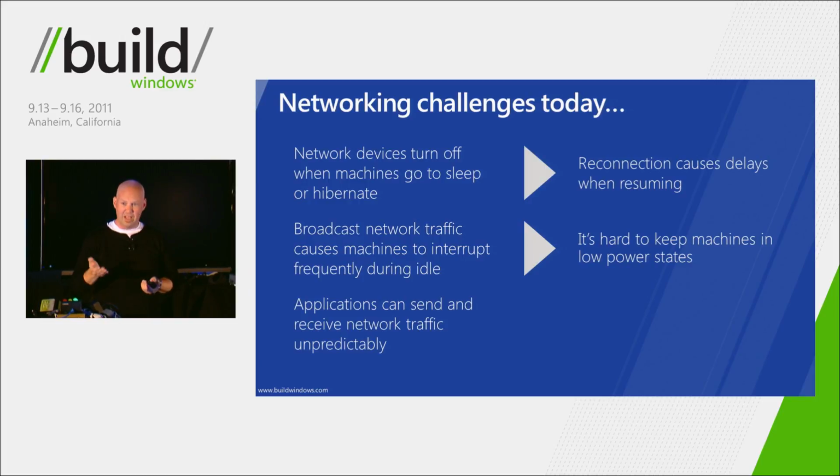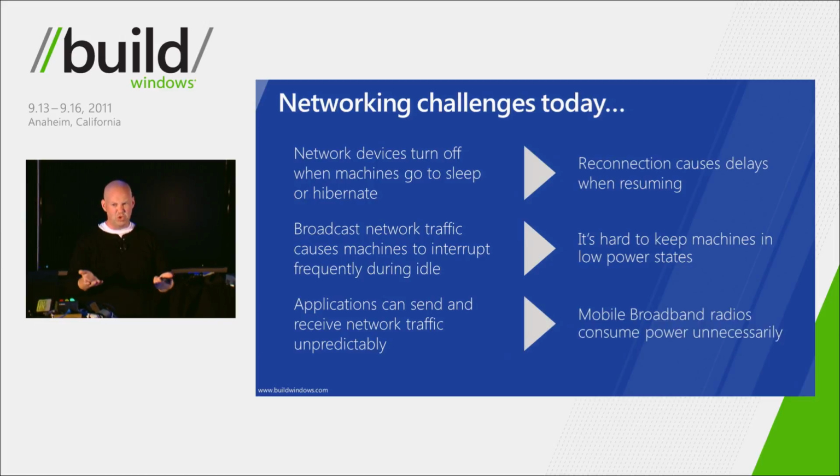And that causes a challenge as well, and that challenge has to do with radio management. In particular, with mobile broadband radios, it's hard to know when to turn that radio down and get into a really low state, because you could be having this traffic at any time. And so Windows isn't doing a whole lot to help there and bring any predictability to the problem. So we're going to talk about that as well.